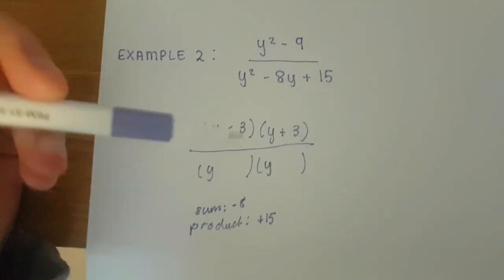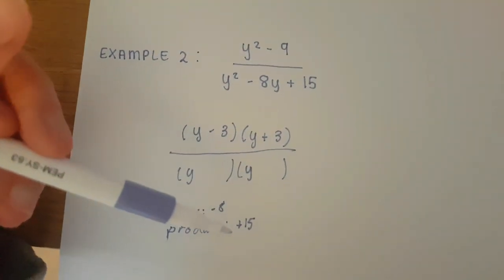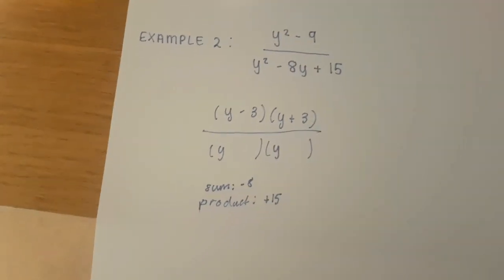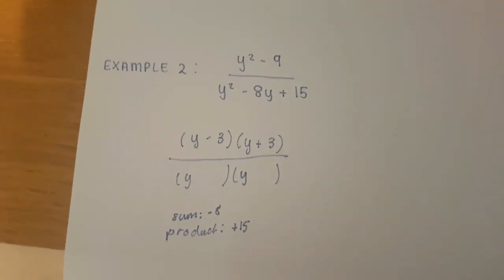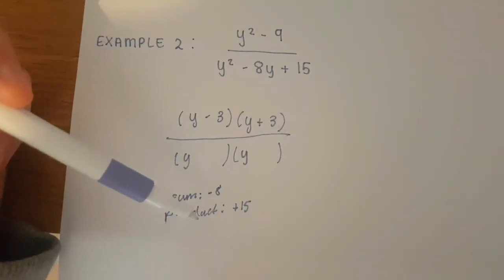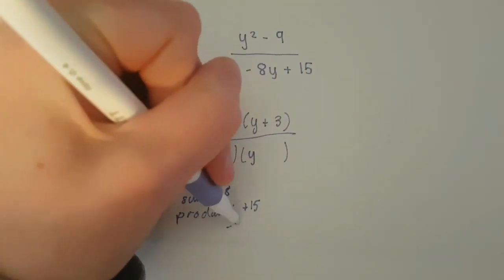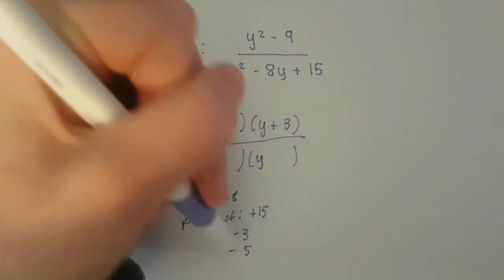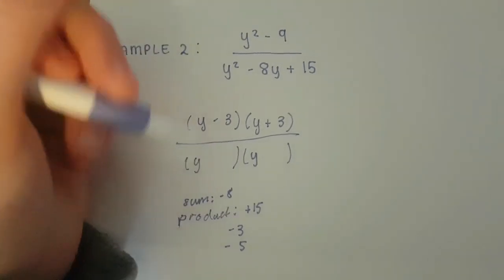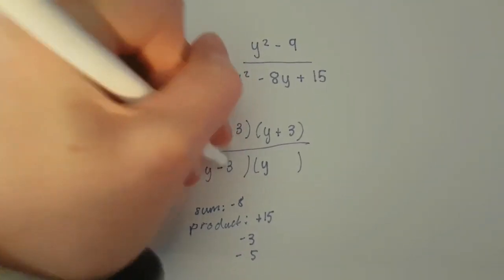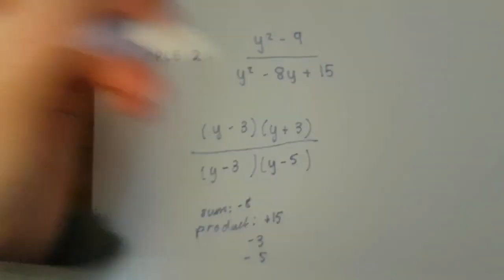So I'm looking for factor pairs of positive 15. If my sum is negative 8, it's likely that both of my factor pairs are going to be negative as well. So I know negative 3 and negative 5 multiply together to make positive 15 and sum together to make negative 8. So I have y minus 3, y minus 5.